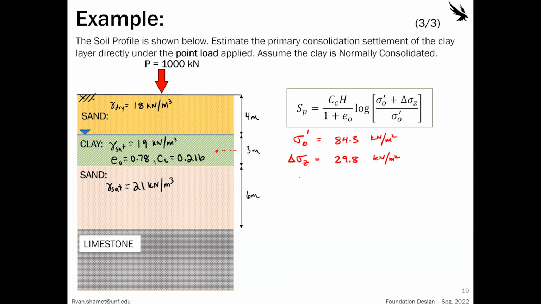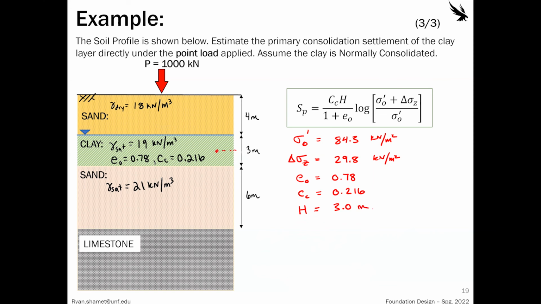We're also told that our void ratio is 0.78, which has no units. Our Cc, our compression index, is 0.216. And we also know that our H is 3 meters.